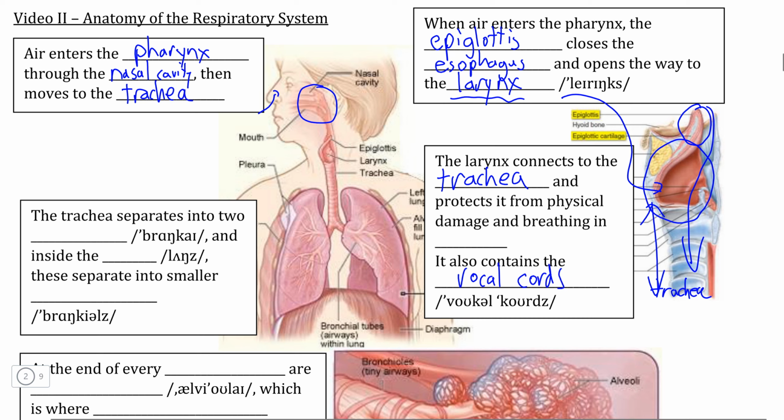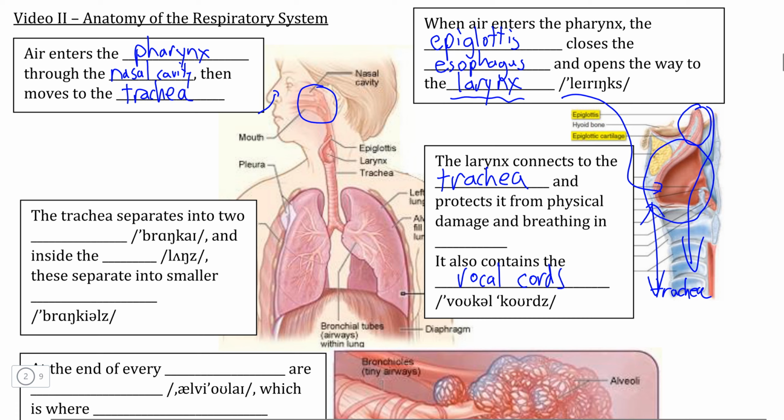So the vocal cords are the muscles that allow you to speak, to sing, and generally to make any other noises involving your voice. But the outside structure of your larynx is made of cartilage, which is the same flexible protein that the outside of your trachea is made of, and once again, it exists to physically protect the outside of your trachea from damage.